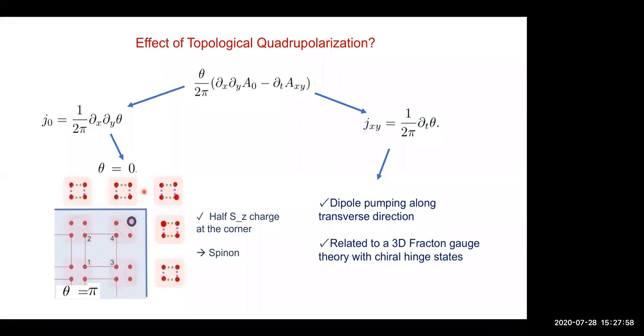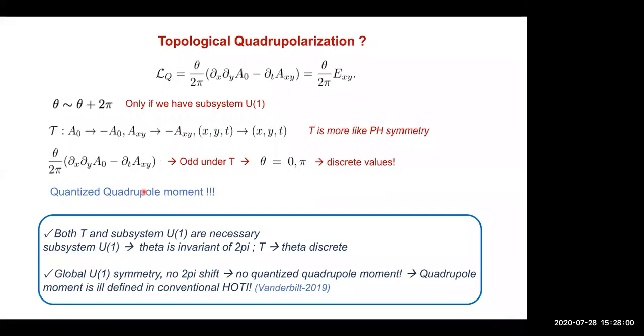Can I ask a question? Uh-huh. So can I think of the second point as saying, if I have a global U1 symmetry but no subsystem symmetry, then I can't define this higher rank gauge field?